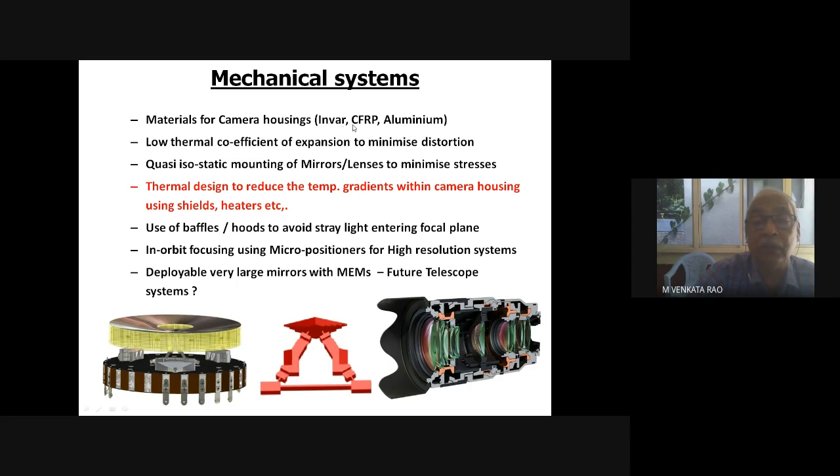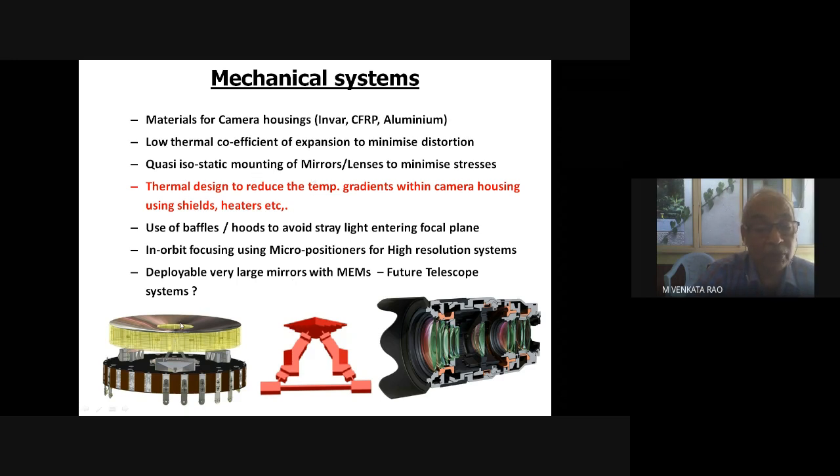Because of this, Invar is used, and nowadays CFRP, with some particular layup of the fibers, you can achieve very low coefficient of expansion even with CFRP, but with a very low weight and high stiffness. Aluminum is also used in most of the camera construction.